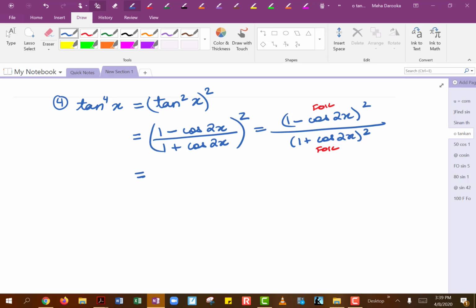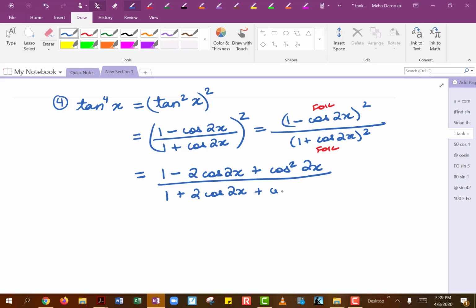But basically after we do our FOIL, you are going to end up getting 1 minus 2 times cosine of 2x plus cosine squared of 2x for your numerator, and 1 plus 2 times cosine of 2x plus cosine squared of 2x.